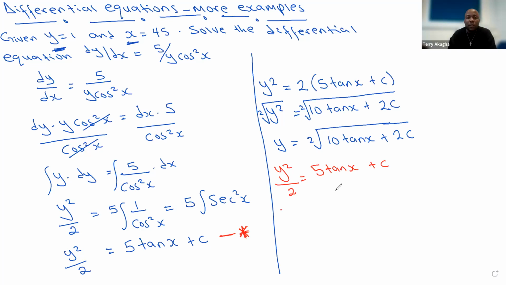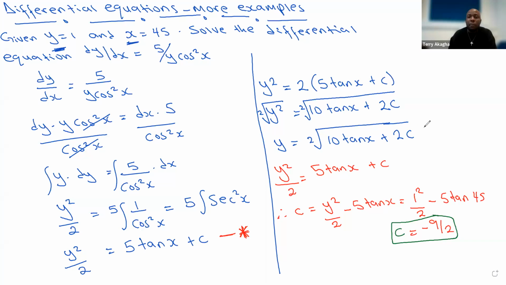So that means c will be equal to y squared over 2, taking 5 tan x to the other side, minus 5 tan x. That gives 1 squared over 2 minus 5 tan 45. When you press this in your calculator, your answer should be minus 9 over 2. So my c is equal to minus 9 over 2.